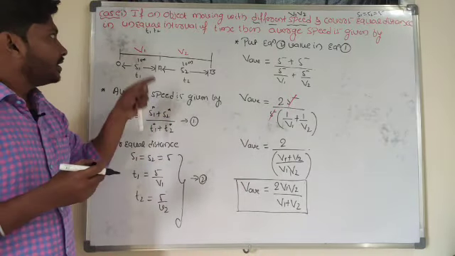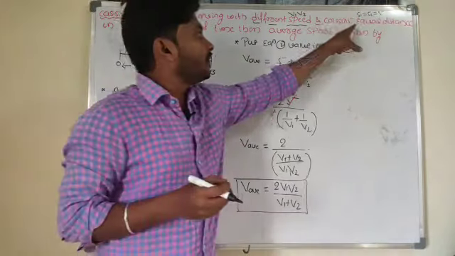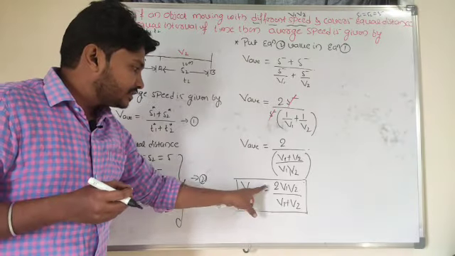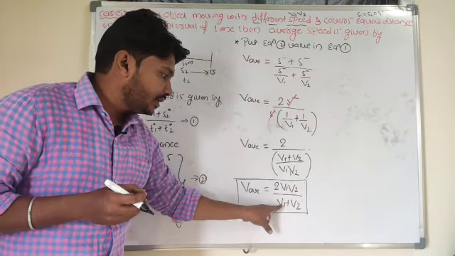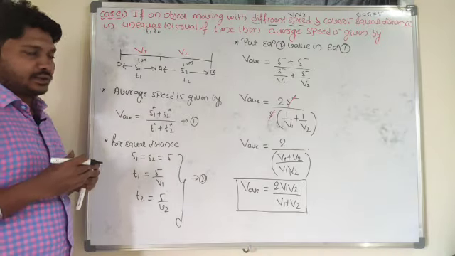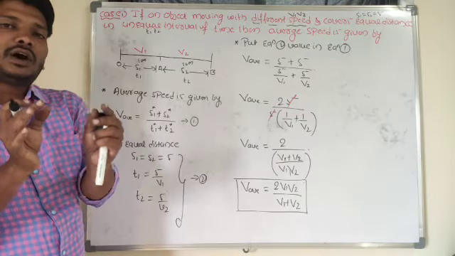Look here. What is the expression for average speed if an object covers equal distance in unequal intervals of time? V average is equal to 2 times V1 into V2 divided by V1 plus V2. In a question they will ask, for example, that an object covers the first half of the distance.